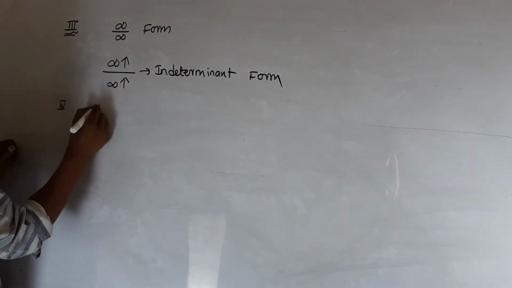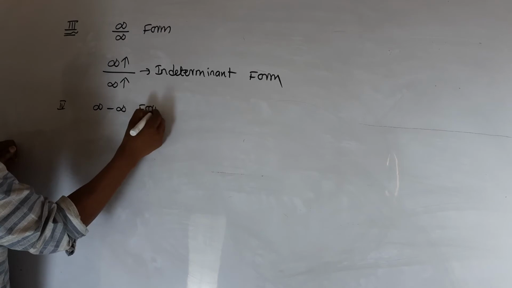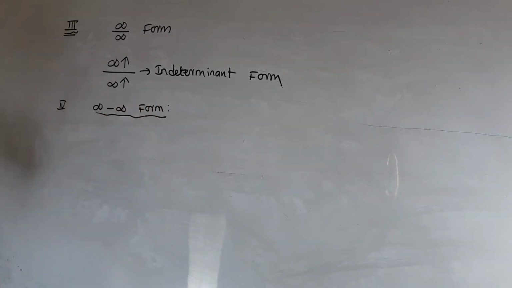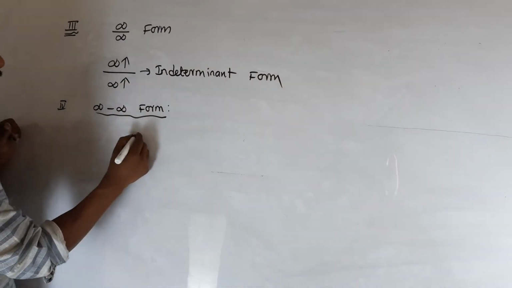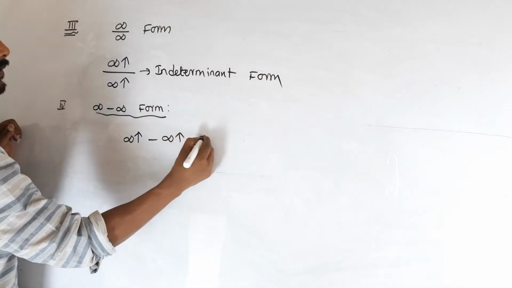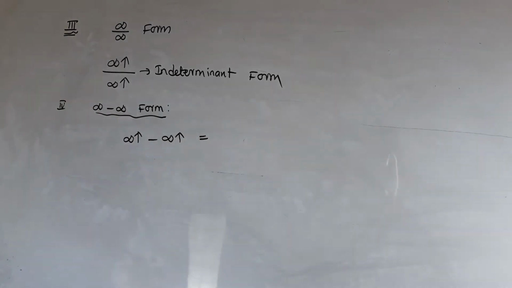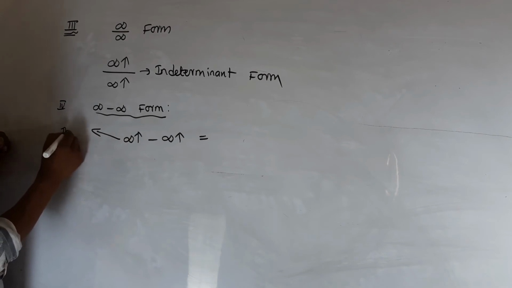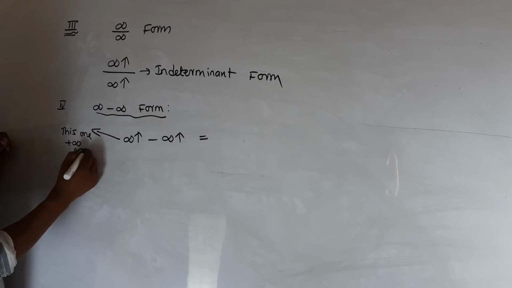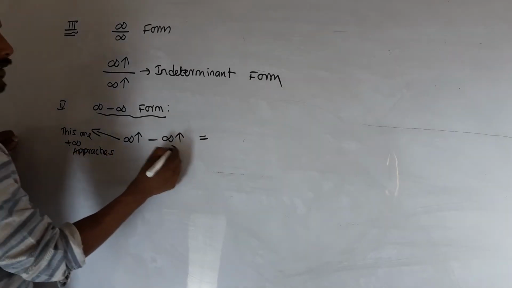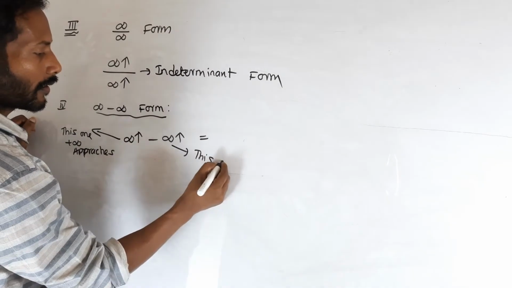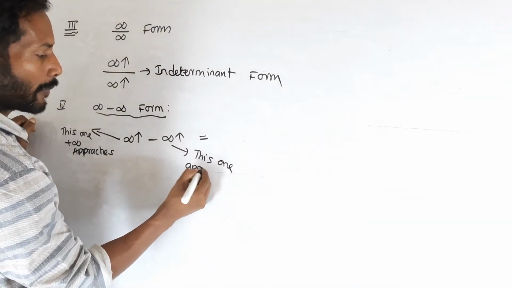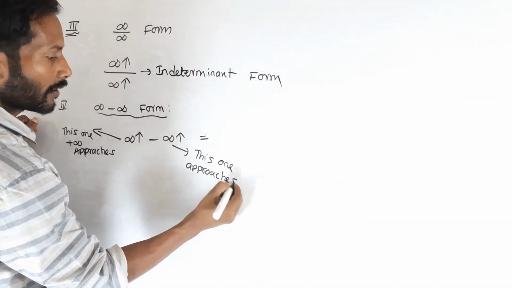Fourth one, the infinity minus infinity form. Now infinity minus infinity is an indeterminate form. This one approaches plus infinity, and this one approaches minus infinity.